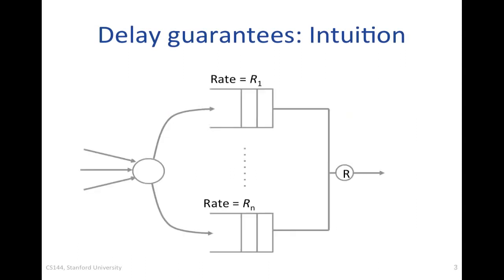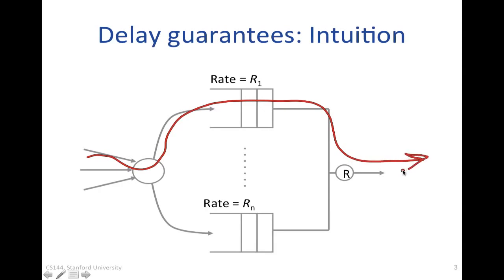So if in a router I know which queues a packet passes through, and I know the size of the buffer, so let's say I'm looking at packets that are going to go through this queue here inside the router, I know the size of the buffer it's going to go through, and I know the rate at which that buffer is going to be served. Then I know the maximum delay that a packet can encounter through this router. Because WFQ, weighted fair queuing, that we saw in the rate guarantee video, gives me a rate R1.